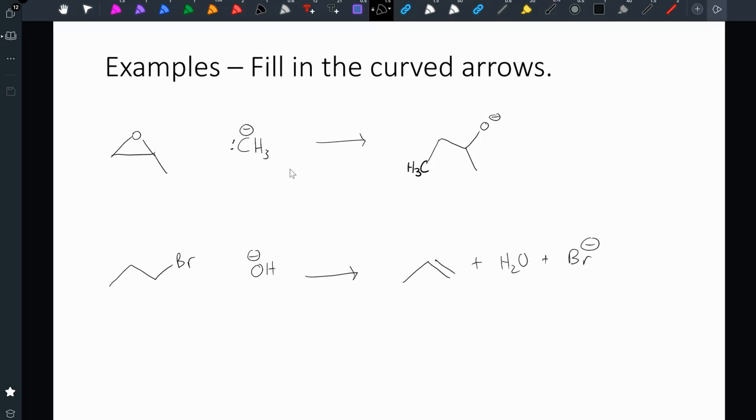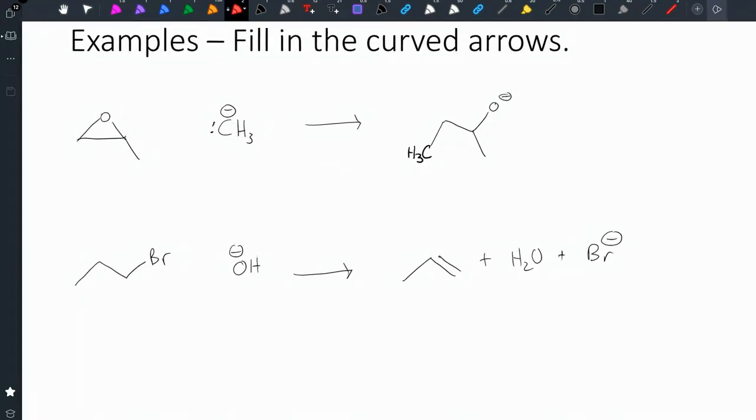All right, let's consider the reverse kind of problem. Here, I'm shown products, and I'm asked to draw curved arrows that will actually describe what happened. Different kind of challenge, but still we can apply a lot of the same tools, the same thinking.